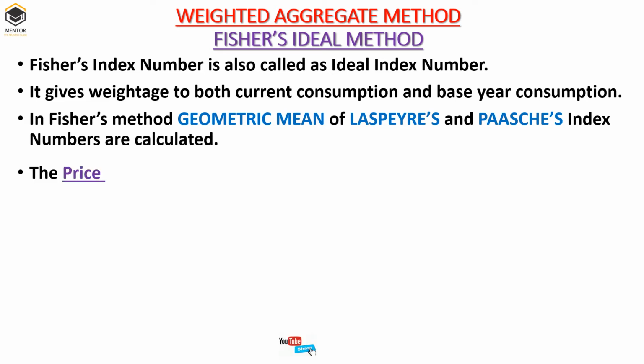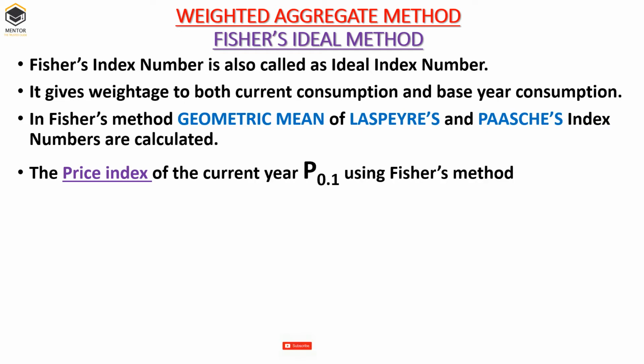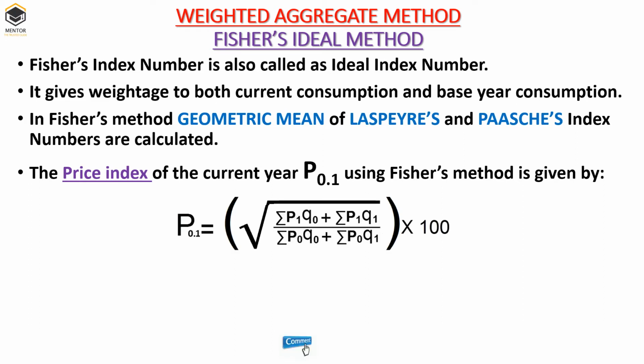So the price index of the current year P01 using Fisher's method is given as the square root of summation P1 Q0 plus summation P1 Q1, whole divided by summation P0 Q0 plus summation P0 Q1. Which formula is this? This is the formula of our Marshall Edgeworth method. The Marshall Edgeworth method has given the weight to both the present current year and base year.